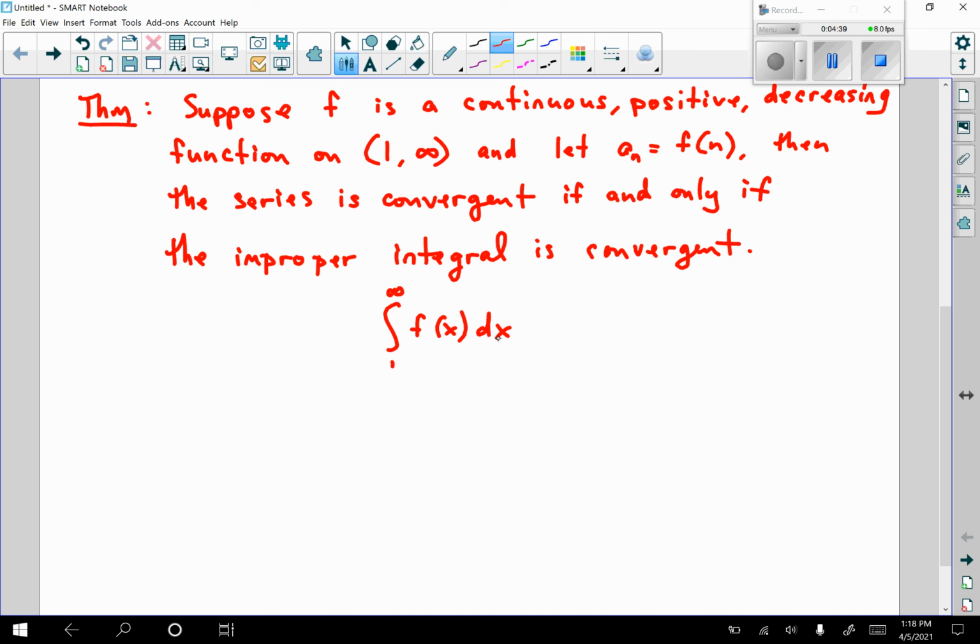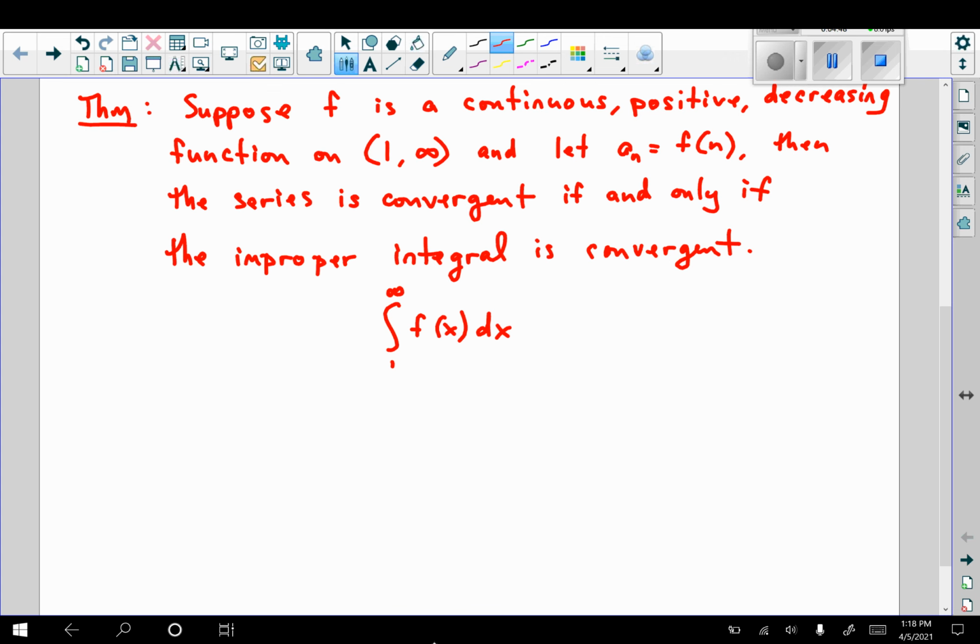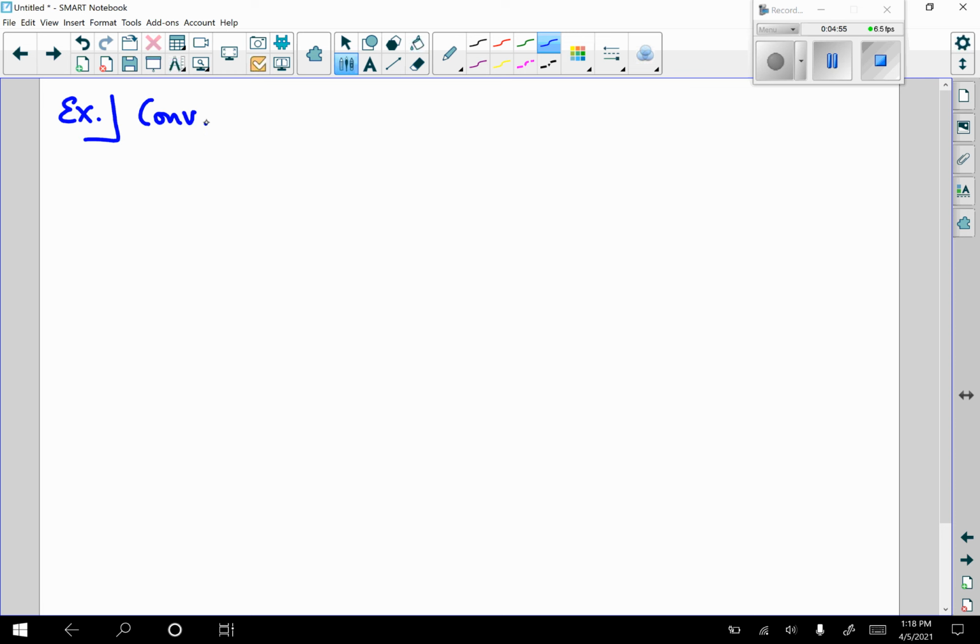All right, so we're just going to do a lot of examples and relate this, like I said, back to some ideas that we talked about at the end of chapter 7, which you're going to see. So pretty much all of our directions are going to be to determine whether or not the series is convergent or divergent.